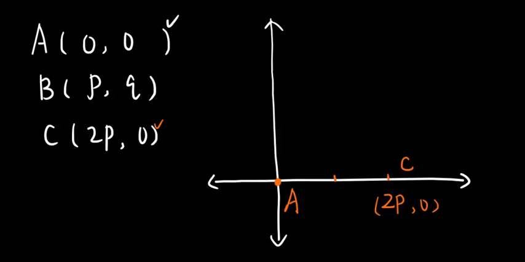Let's look at our next point. It says P, Q. If this is 2P, this is P, so I'm going to take P. Q, remember, you do not want to set P and Q as equal. You want to give a different value for Q. Here is my Q. You decide, yours and mine might not be the same, but we use the same concept.